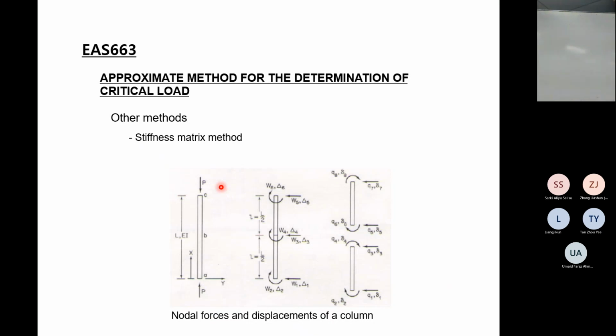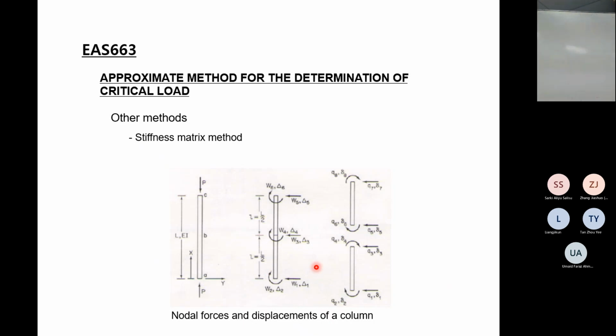So this column is x-axis in the member axis direction, and there's a y-axis here. And the length is L, and the rigidity is, bending rigidity is EI. And we divide this into two equal parts. So each of them length is L over 2 because the total length is L.